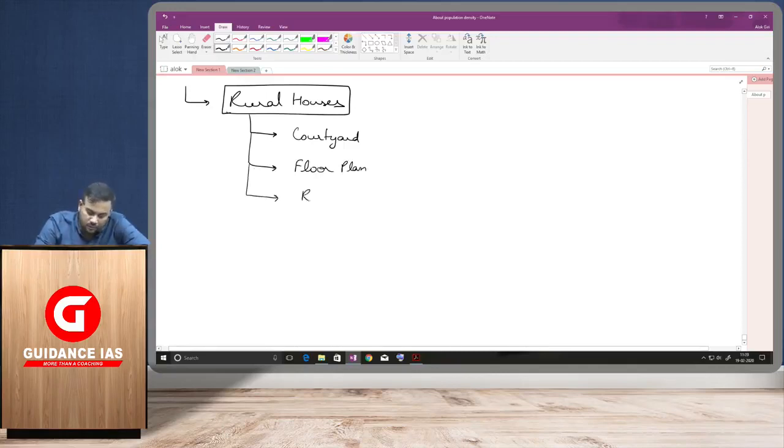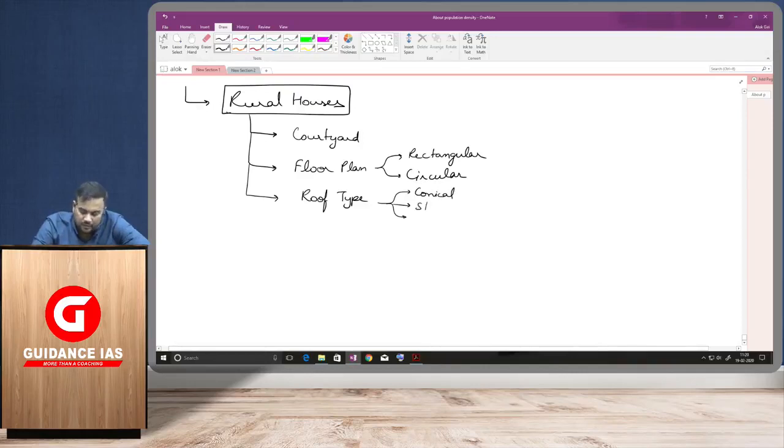We'll talk about the roof type. ठीक है. So roof type, here it is, floor plan is either rectangular or circular. If you talk about the roof type, it can be many, like it can be conical roofs, it can be presence of sloping roofs, there can be presence of flat roofs.